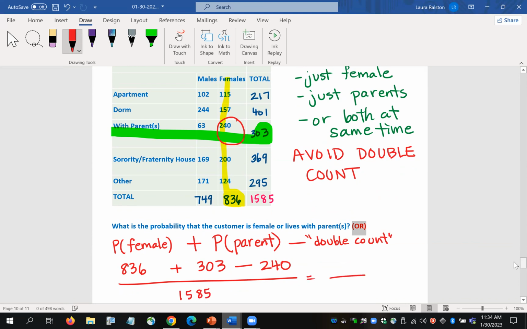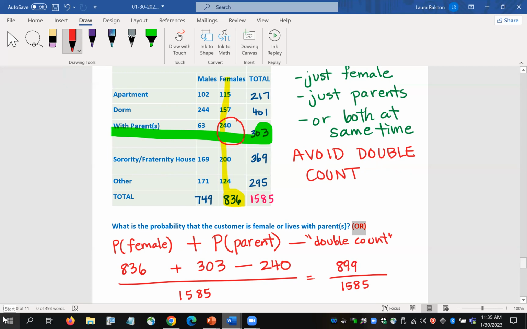You have to be careful when you have the or, because you don't want to double count. So if I have 836 females plus the 303 who live with their parents, but I double counted the 240, so I'm going to subtract those off, I have 899.